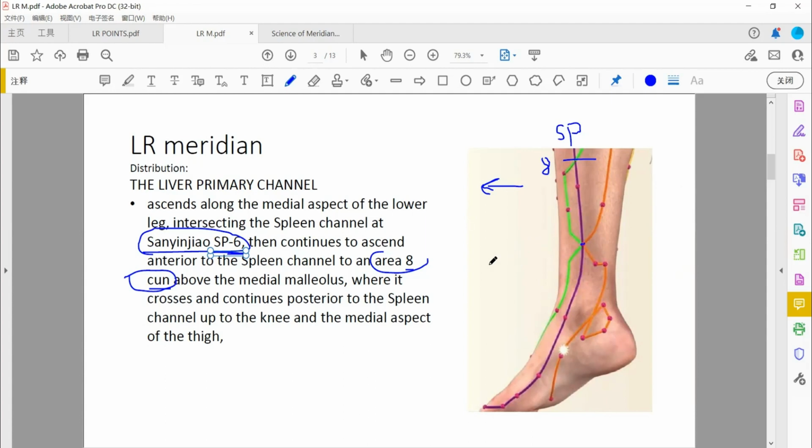So there will be questions asking you, below 8 寸, what is the sequence of the three foot yin meridians? A: spleen, kidney, liver; B: liver, spleen, kidney. Choose the right answer.